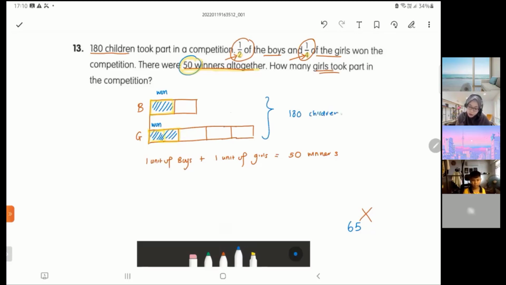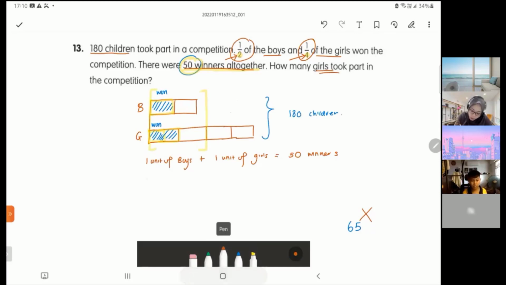Now, I want to find 2 units of boys. If you look at this, the 2 units of boys will be this portion from here to here, right? I'm finding the 2 units of boys.